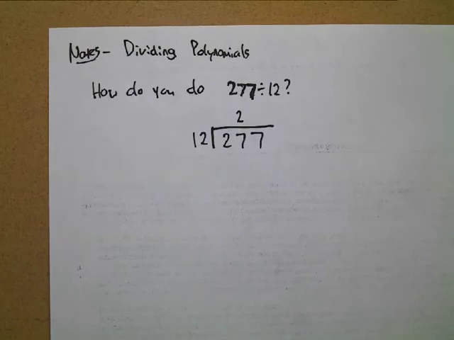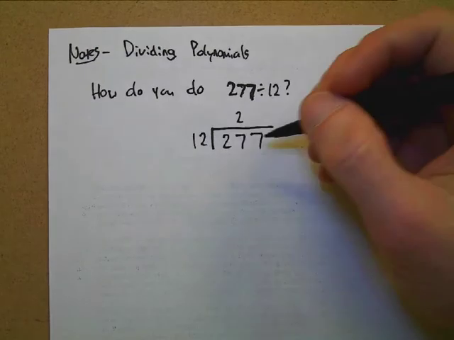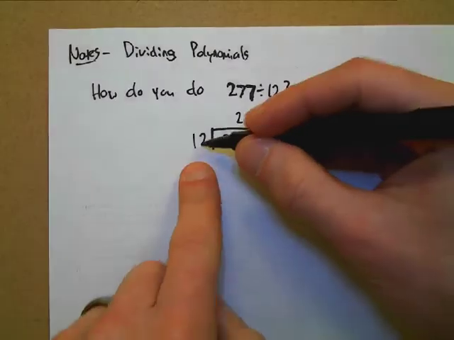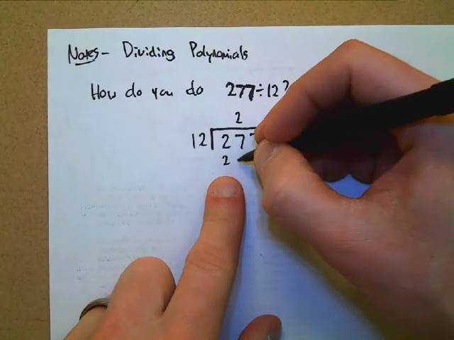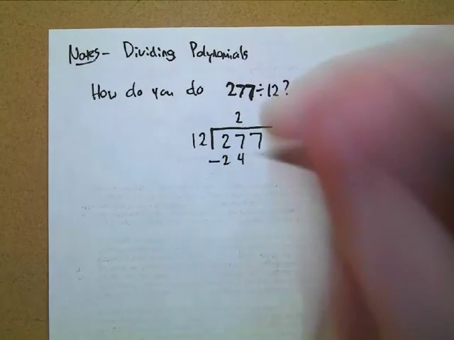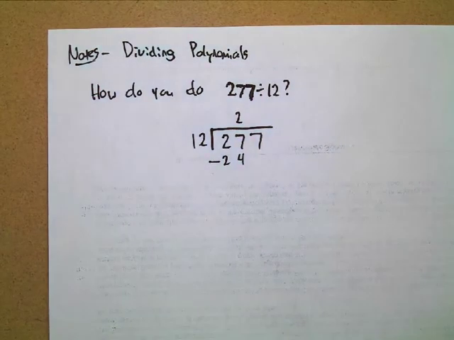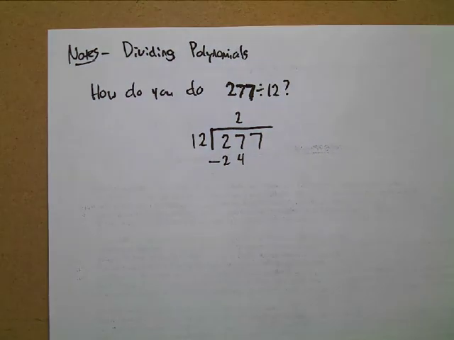Since we're going to take out those 2 12s, it'll be 2 times 12, right? 24. And we're going to subtract. What we're doing here is kind of like a repeated subtraction, right? When you first learned multiplication, you might not remember this, it was elementary school so long ago, but one way to think about multiplication is that it is repeated addition.